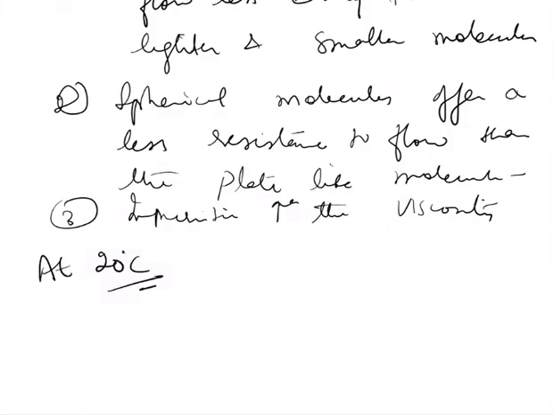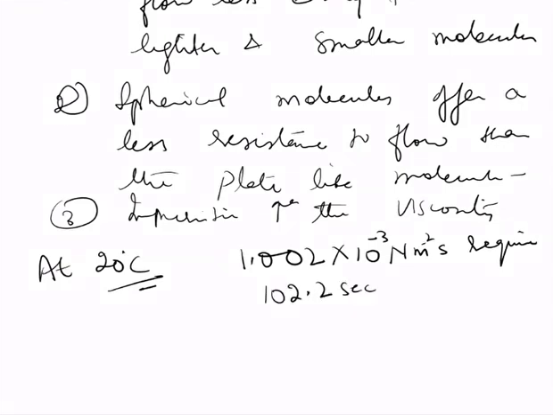At 20 degree Celsius, pure water with an absolute viscosity of 1.002 into 10 raised to the power minus 3 Newton per meter square second requires 102.2 seconds to flow through the capillary of an Ostwald viscometer.